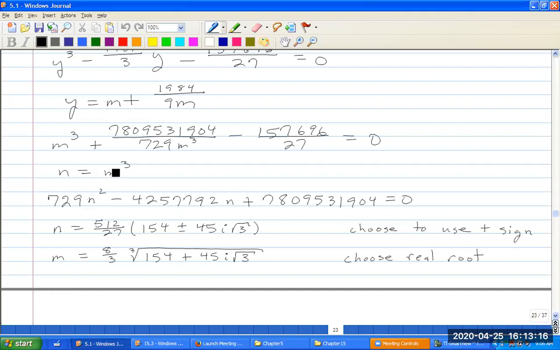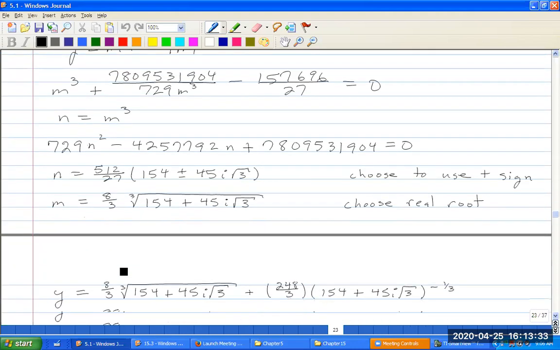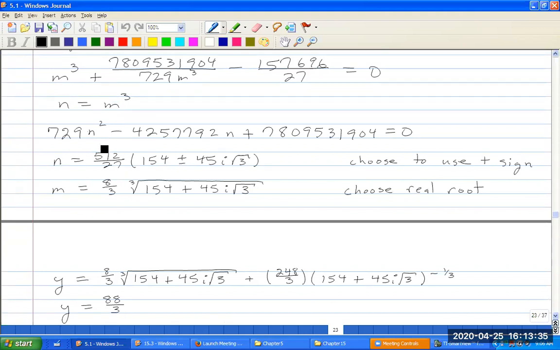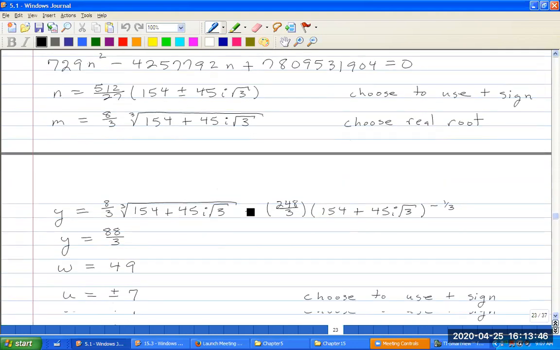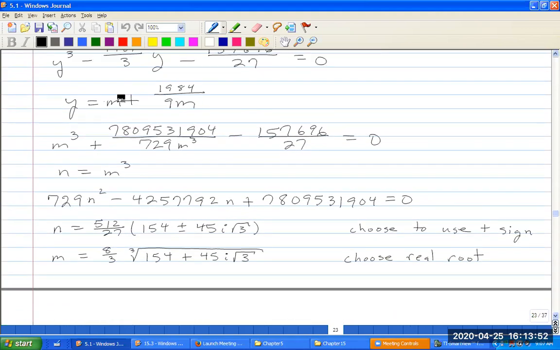And then to figure out what m is, well, you have to take the cube root. I'll take the regular cube root of this. So I get cube root of 512 is 8. Cube root of 27 is 3, over the cube root of 54 plus 45i root 3. And so once you know m, to get y, just plug in m here.